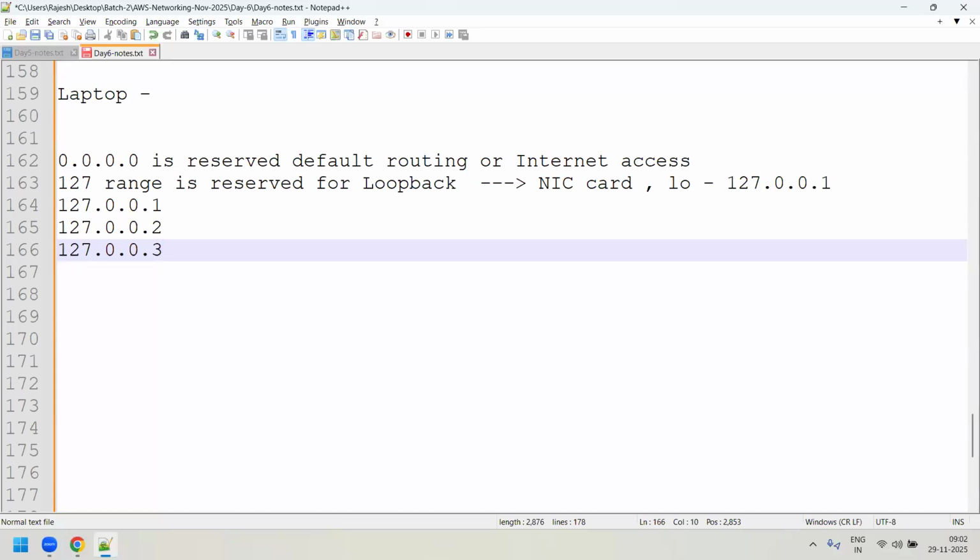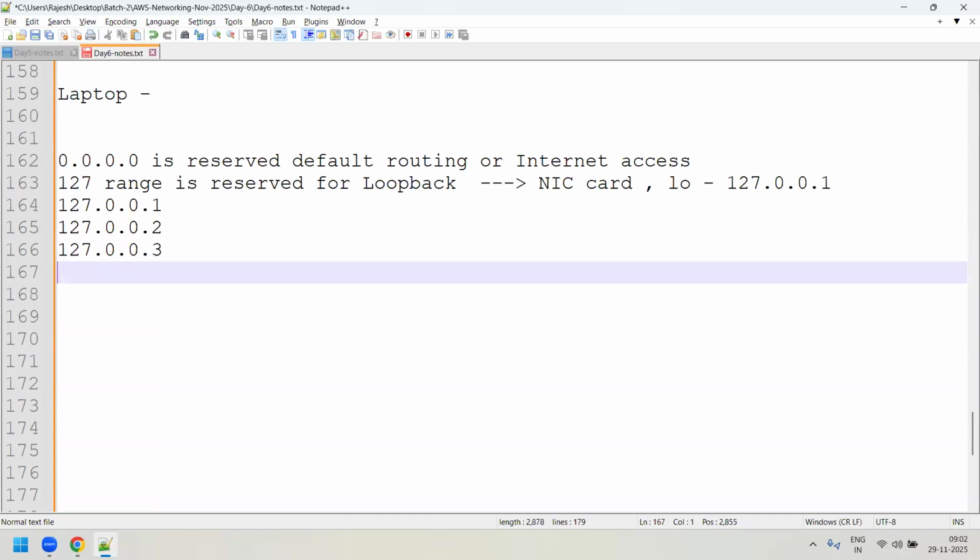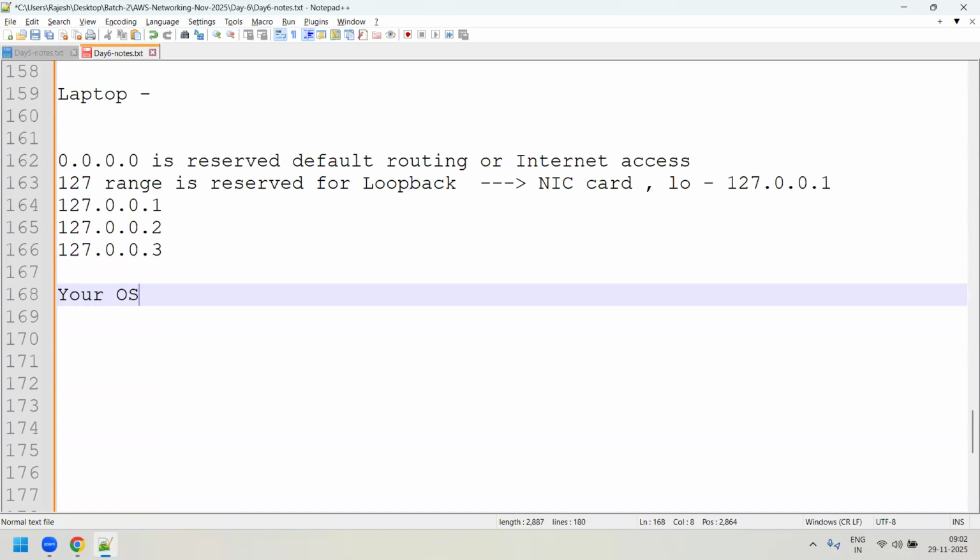Right, sir? So as I said, your operating system, or your computer operating system, will only support class A, B, and class C IP addresses.